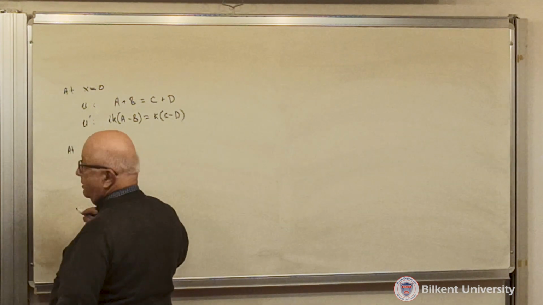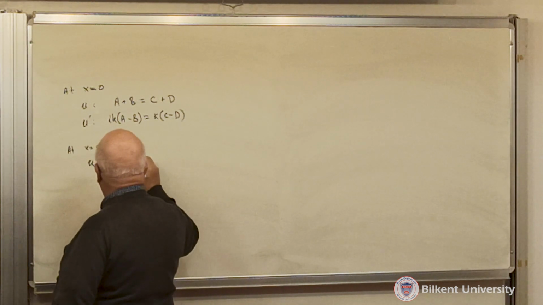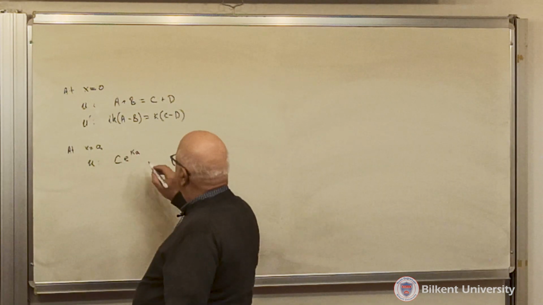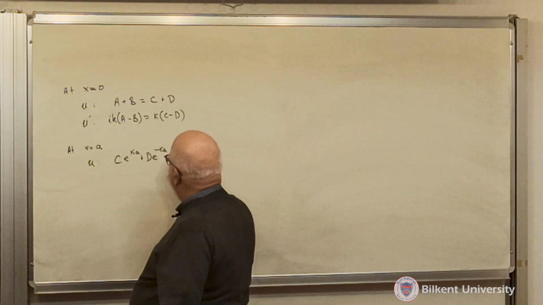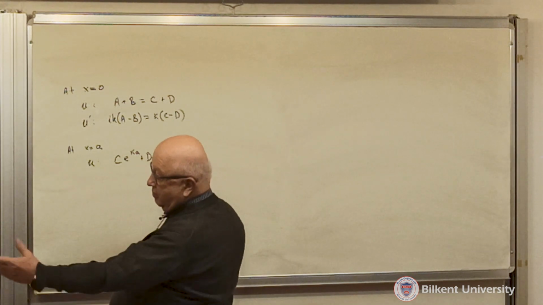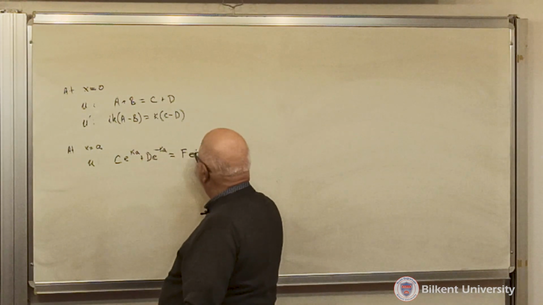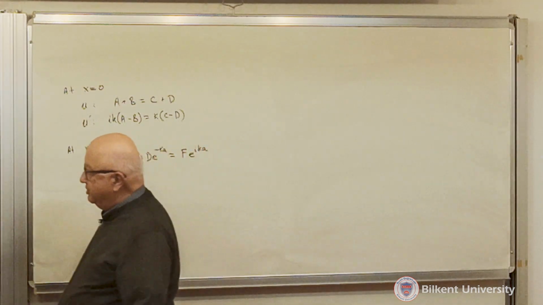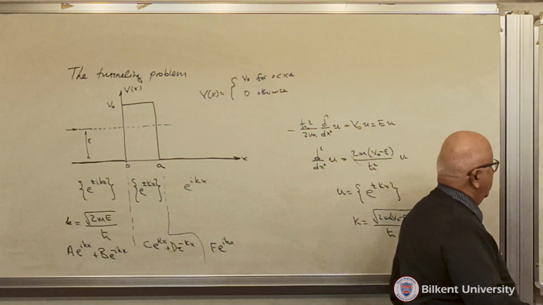C, now I have slightly more complicated expressions, e to the ka, because x is not 0 anymore. So plus d e to the minus ka is equal to the function on the right hand side, e to the I ka. Okay, so this now matches the value at the x equal to a boundary.